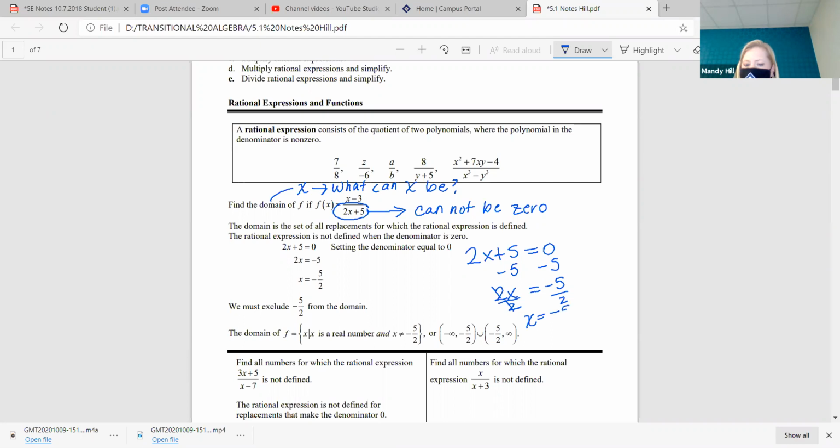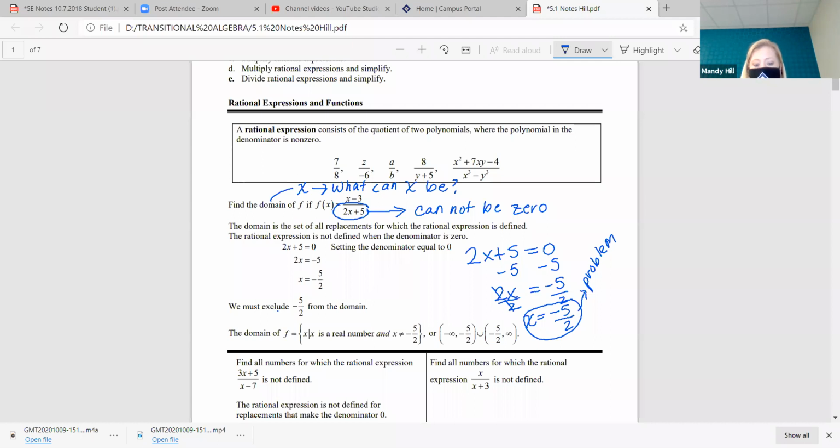So when x is -5 over 2, which if we changed it to a decimal would be -2.5, there's a problem. This function does not exist right at this place where x is equal to -5 over 2. So we must exclude -5 over 2 from the domain.